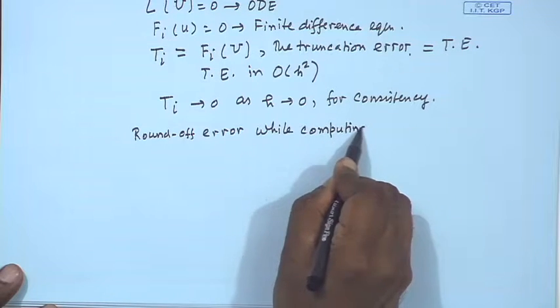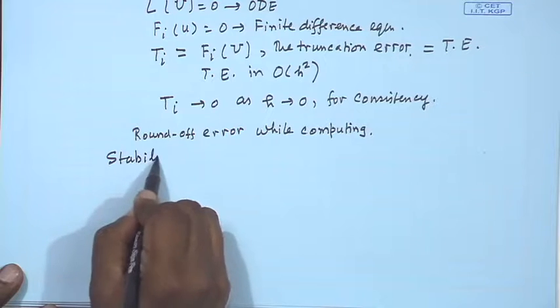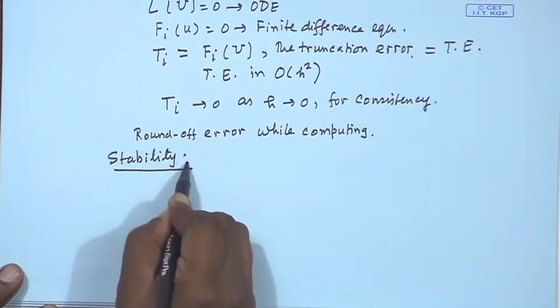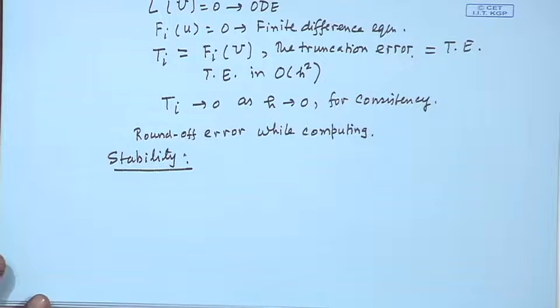Then another aspect that occurs is stability. Stability means that if some error is incorporated in the system at a certain stage, say either a round-off error or misinterpretation of the conditions given, a small amount of error is incorporated.